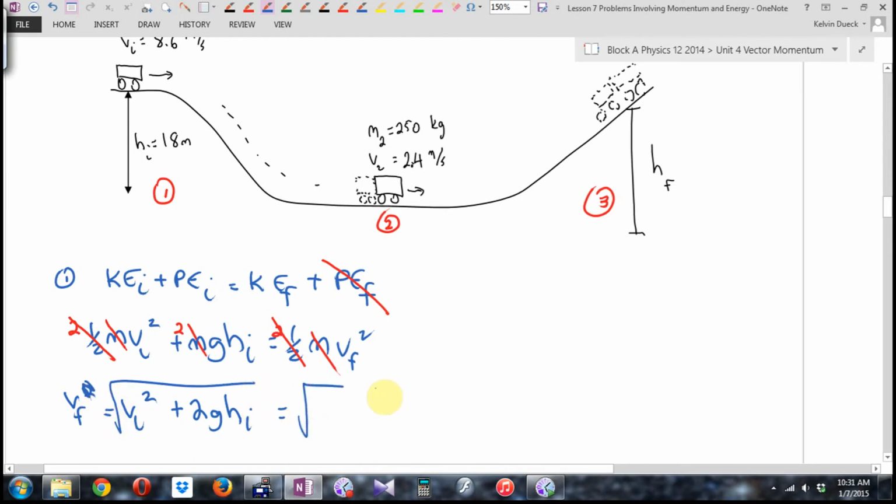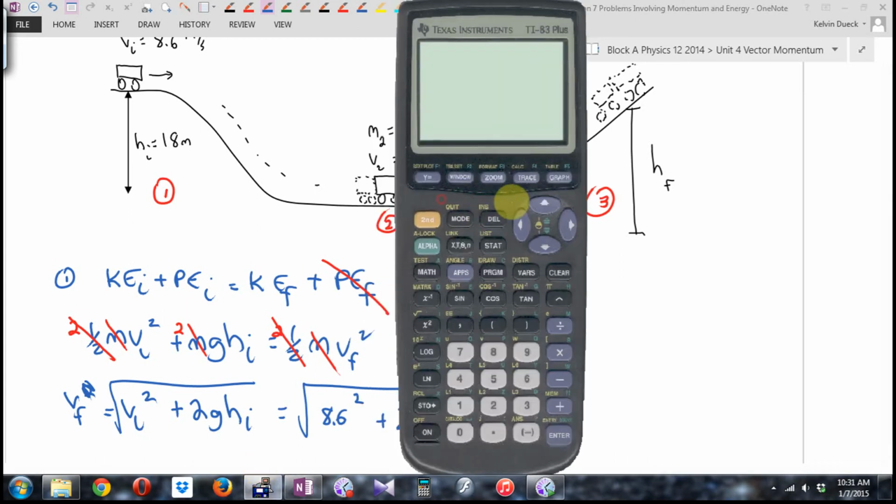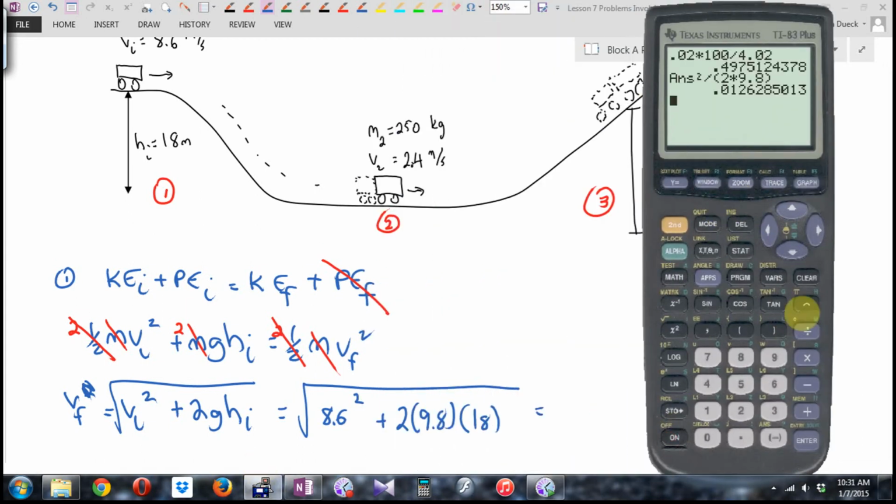I'm going to get the square root of 8.6 squared plus 2 times 9.8 times 18. At the bottom of the first hill, this roller coaster is going to be traveling the square root of 8.6 squared plus 2 times 9.8 times 18.